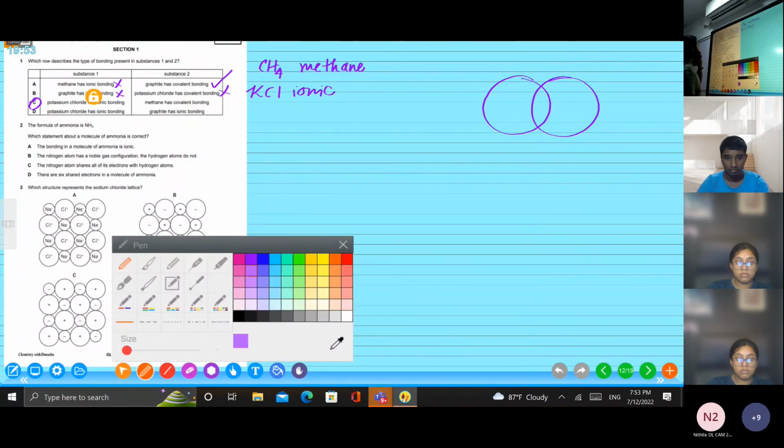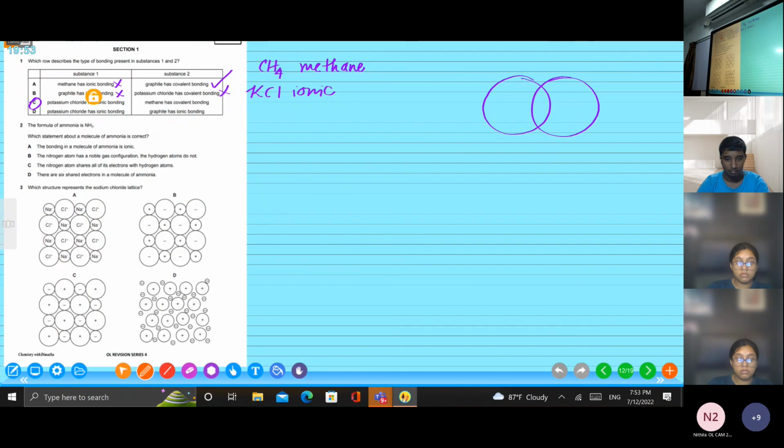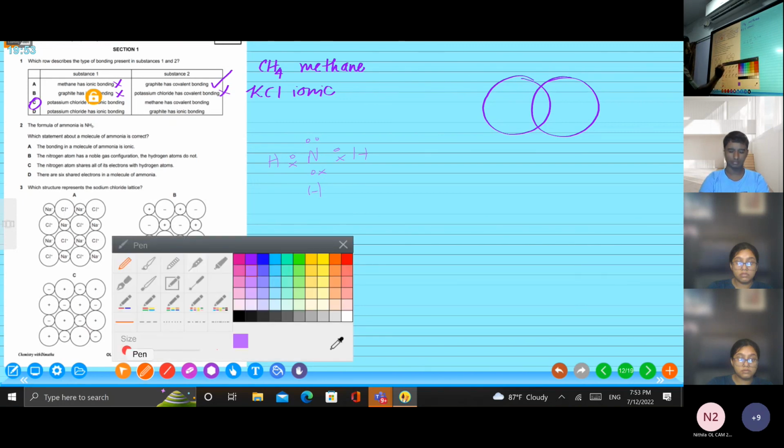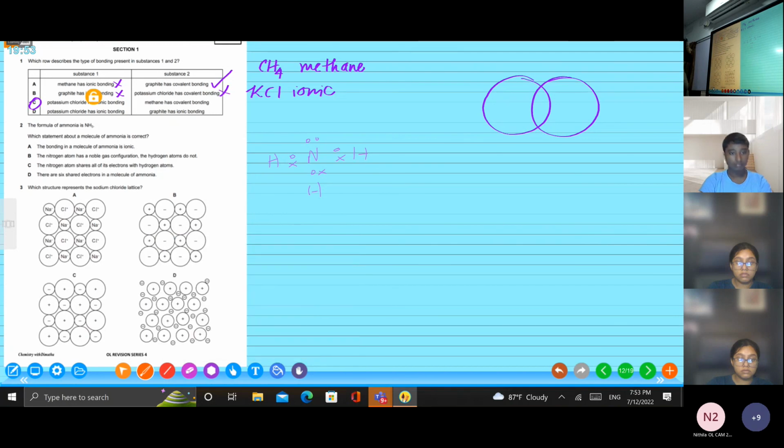Right, here we have question number 2. The formula of ammonia is NH3. NH3 is a covalent compound in which nitrogen has an unbonded 2 electrons as well. So the bonding in the molecule of ammonia is ionic? No, because it's sharing, therefore it's covalent.